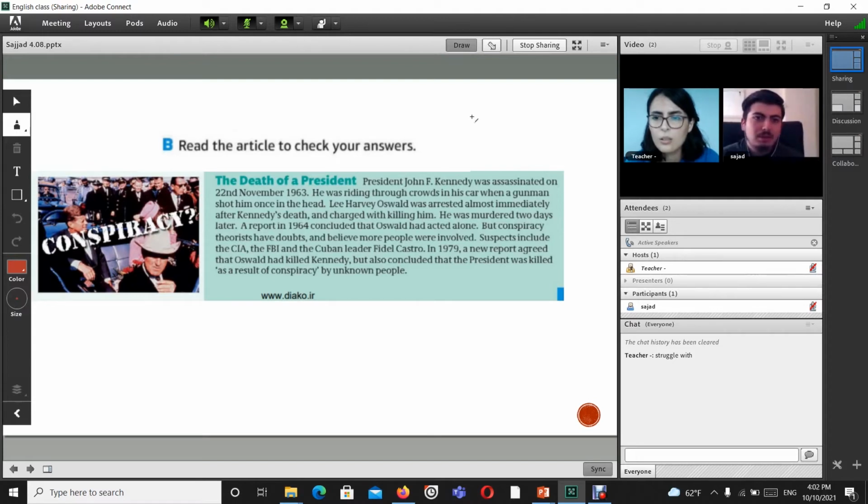He shot him once in the head. So they arrested him immediately. He died after 2 days. But I think they think it's not one person and more were involved. So the FBI and CIA just want to find out. But actually, there is a mini game for that.